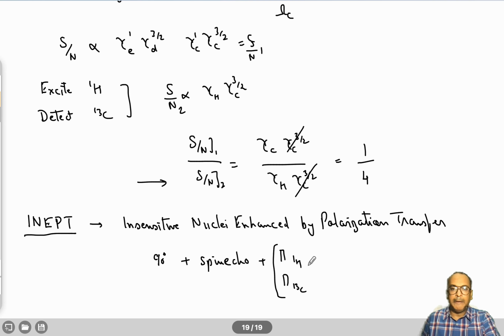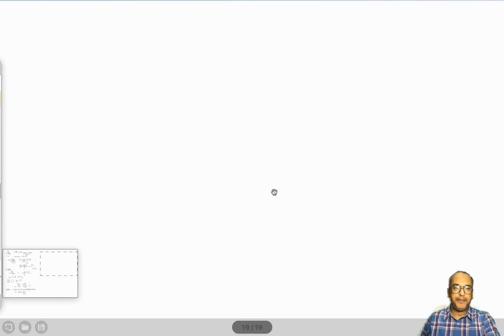We have seen that this part is used to transfer the coherence, right? If there is an antiphase coherence at this point, you can transfer the coherence from proton to C13 if you apply two simultaneous 90 degree pulses, right? So all we are going to do is combine all three elements together to create a new module, which is called INEPT. So let us see what INEPT looks like.